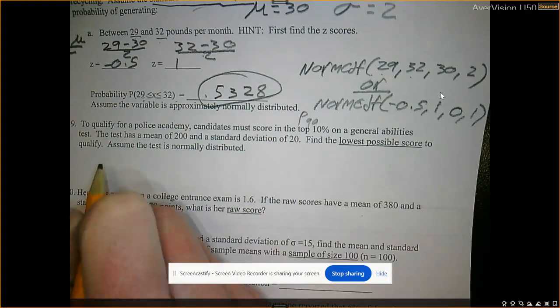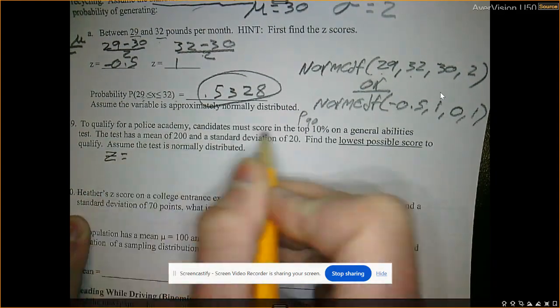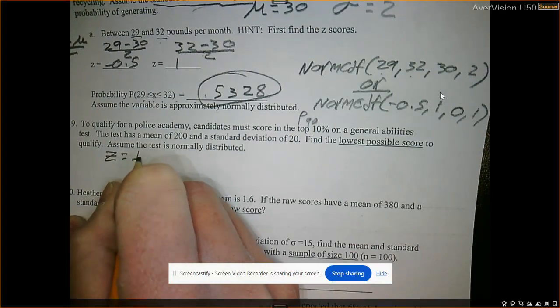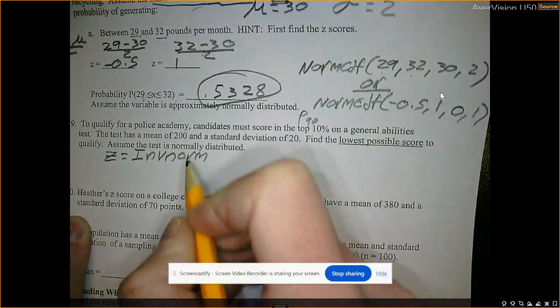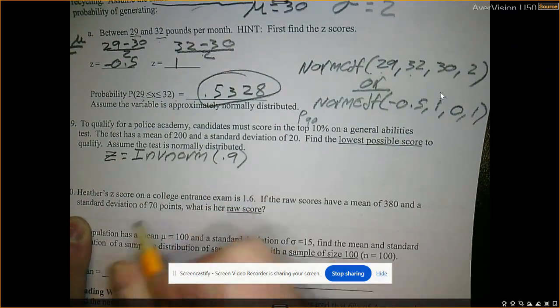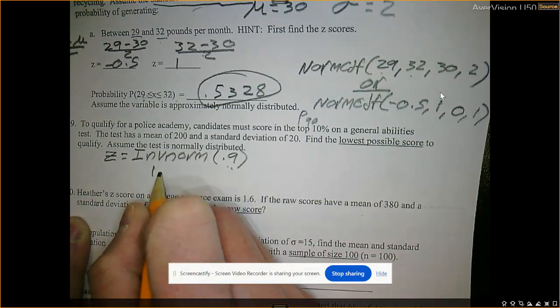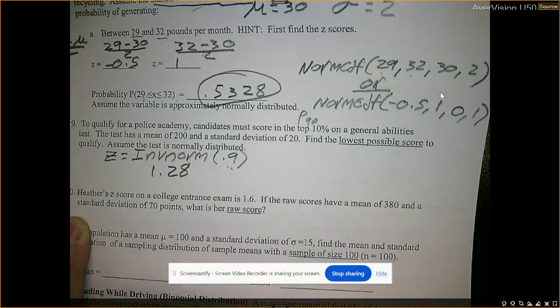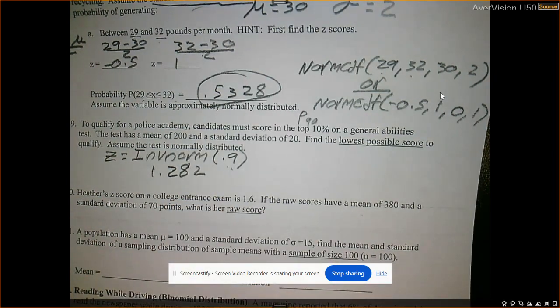So right away when I see that, I'm assuming I'm going to have to find a z-score, the z that corresponds with the 90th percentile, so it's inverse norm. Again, the top 10% really means 90th percentile, which is important because you're saying the area to the left, which would be 90%, in other words, 0.9, and that's 1.28. I'll go to the third place, 1.282 if we want to go to the thousandths.